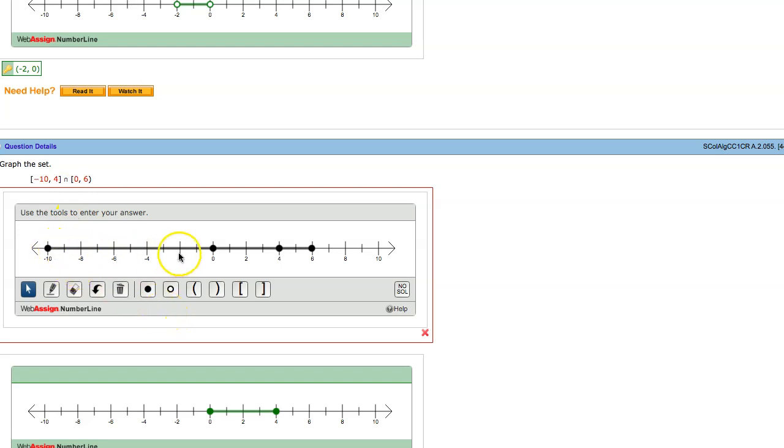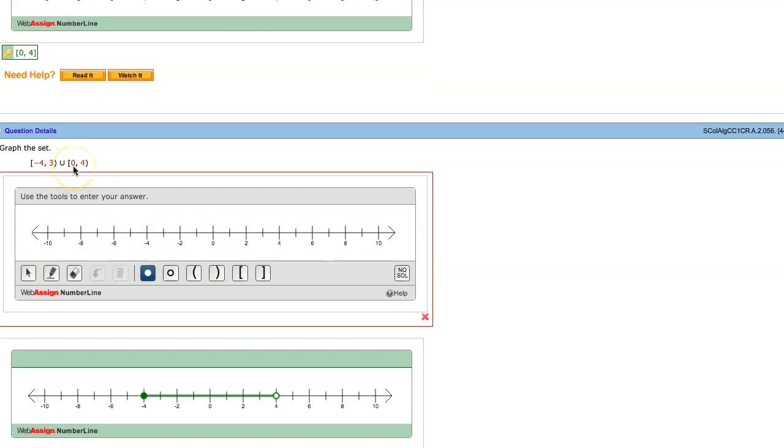And you graph all this, but you got to do litmus to make sure you're not broken up. Now 0 does fit, so you can proceed. And what's more negative, which is further to the left? Neg 4 or 0? Neg 4 on the lefties. And as far as the righties go, who's more right? 3 or 4? 4. So that's it.